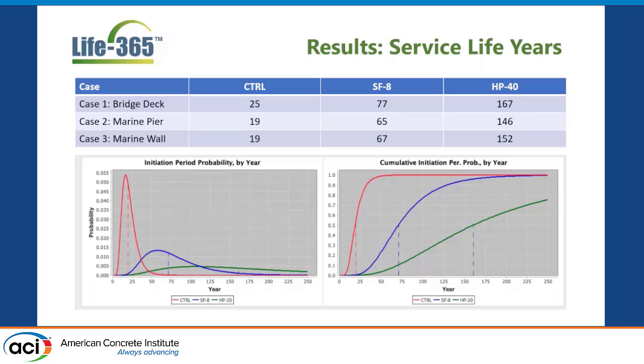One of the requirements of this comparison was to see if the software will tell you whether or not you get a 100-year life with a 90% confidence. And so that's what this graph does. The red one here is the control.